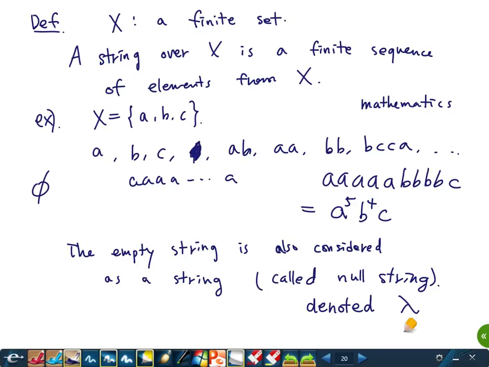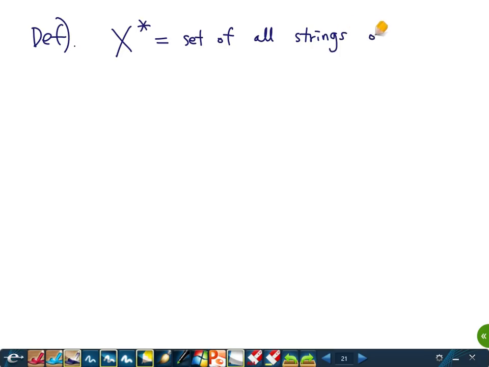And let's see some notation. X star is the set of all strings over X. What about X plus?